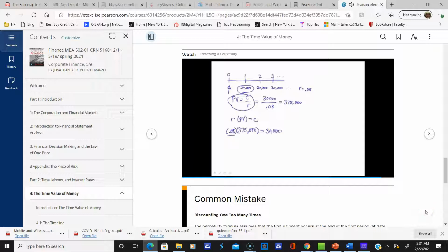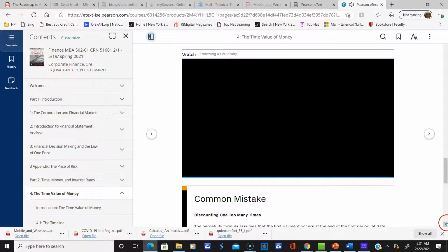As long as they never touch the principal, the $375,000, they can continue to spend the interest forever, generating an extra $30,000 a year forever.